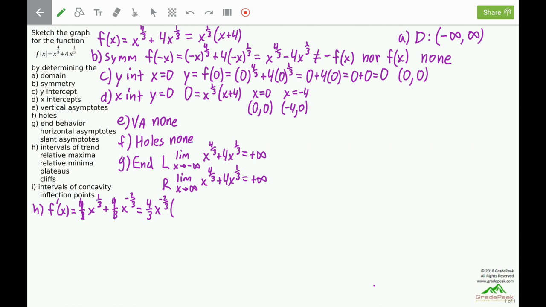Division is subtraction of exponents, subtracting a -2/3, which is equivalent to adding a 2/3. Adding a 2/3 to the first power, 1/3 plus 2/3 will be 3/3. It'll become x to the 1. Adding 2/3 to the -2/3 will be a 0. And x to the 0 equals 1. So we have x to the 1 plus 1. X plus 1 is what's left over.